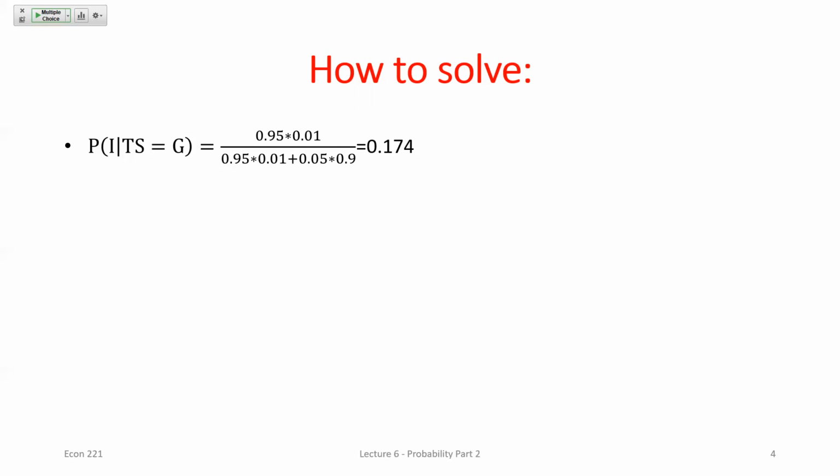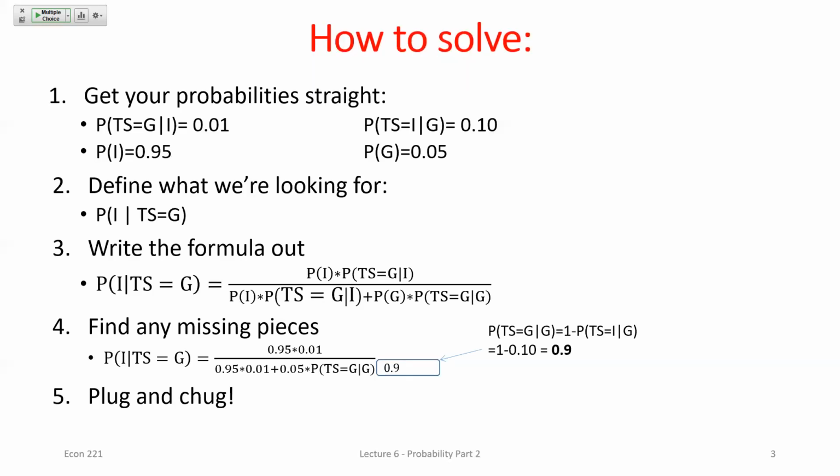Let's think about what that numerator and denominator represent, though. Maybe it helps if I go back and have the formula written out here as well. Behind every probability, we start with some frequency. So this numerator is like the people who are innocent, but the truth serum made them say they're guilty.